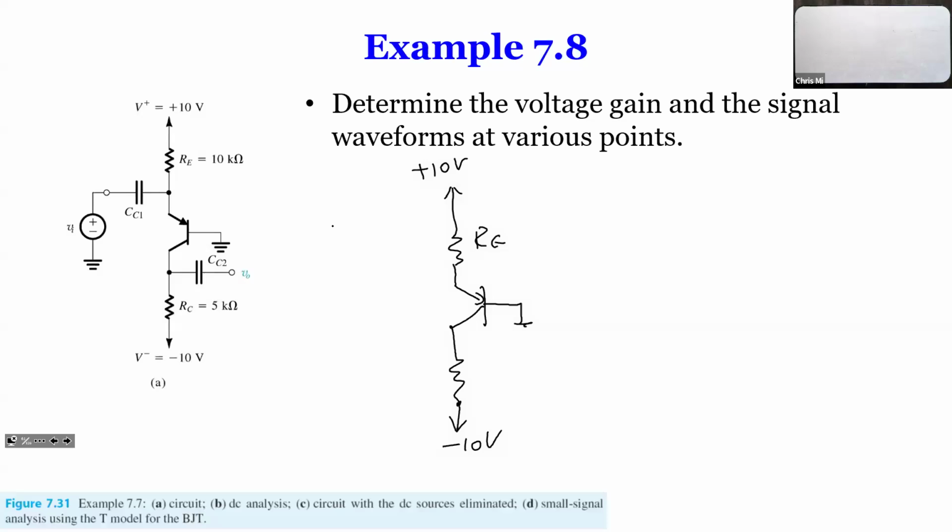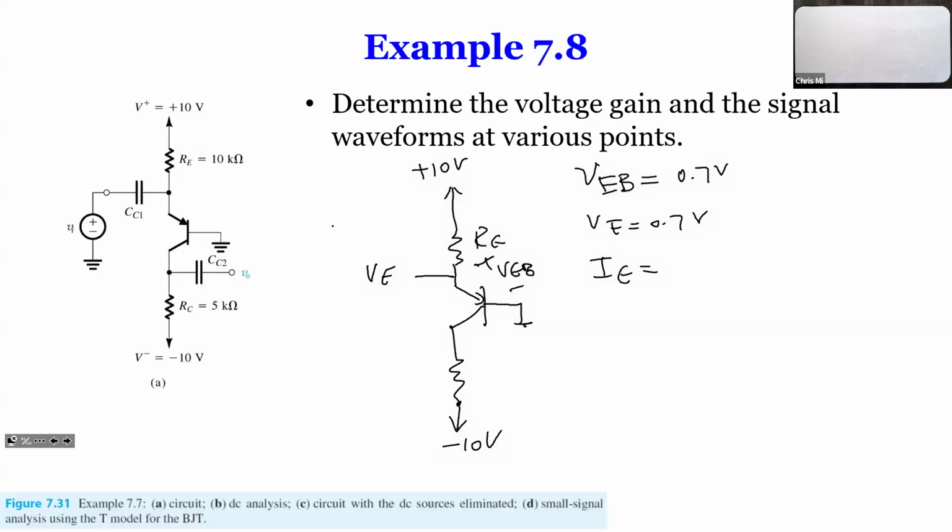Therefore, that VEB, from here to here, we don't call VBE anymore, we call it VEB. You should be able to know what VEB is going to be: 0.7 volts. And so from here, we can find VE is going to be 0.7 volts.